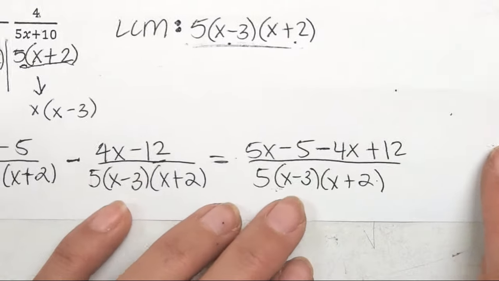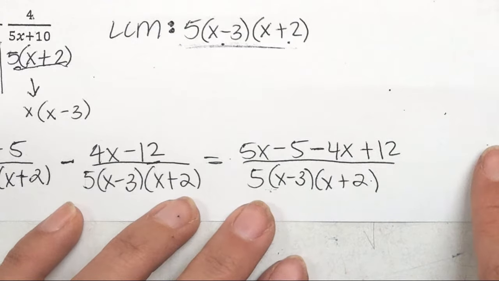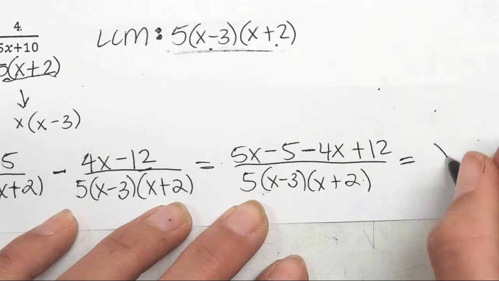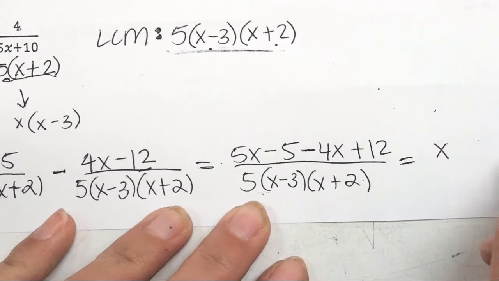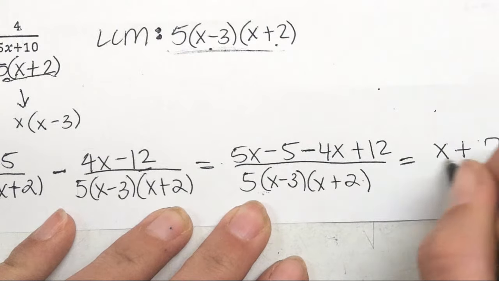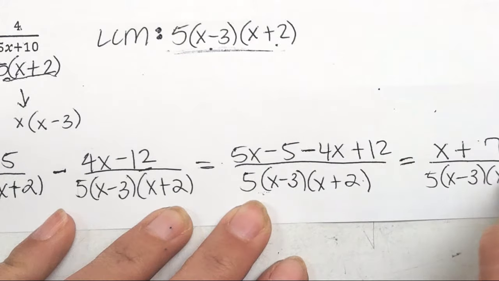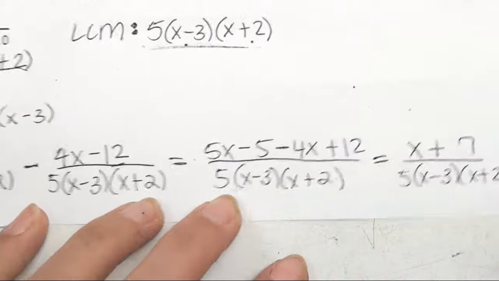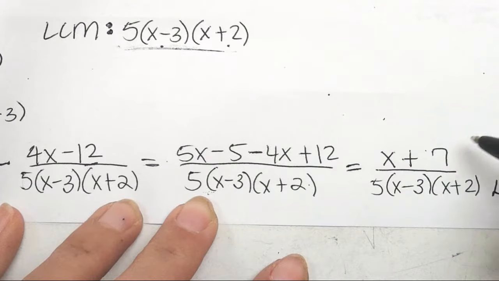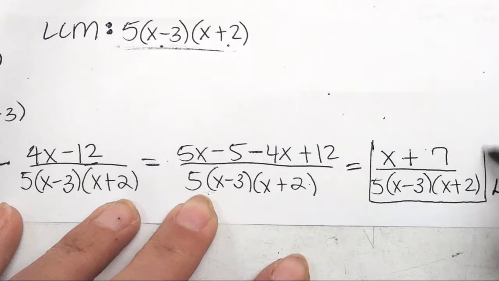I just wanted to write it all out in case somebody needed me to write it out. So now we can do 5x minus 4x. That's going to be what? And then negative 5 plus 12? All over 5, x minus 3, x plus 2. And from here we see that we can't simplify anything because these are together and so is this. So we can just leave it.